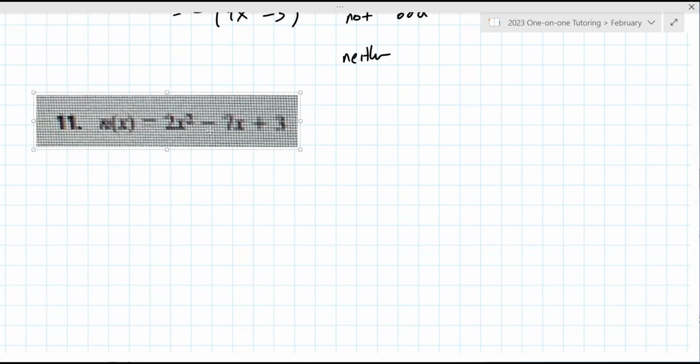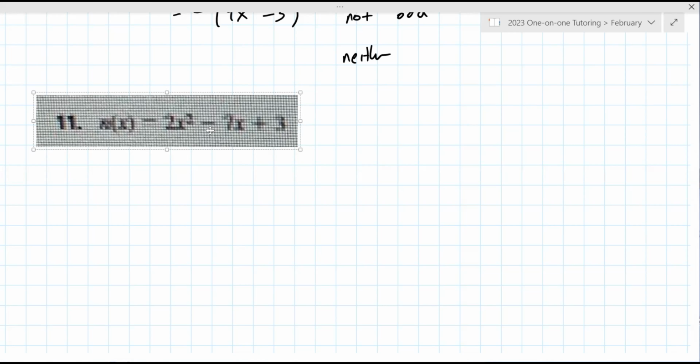f of x equals 2x squared minus 7x plus 3. I think it's minus 7x. Yeah, minus 7.